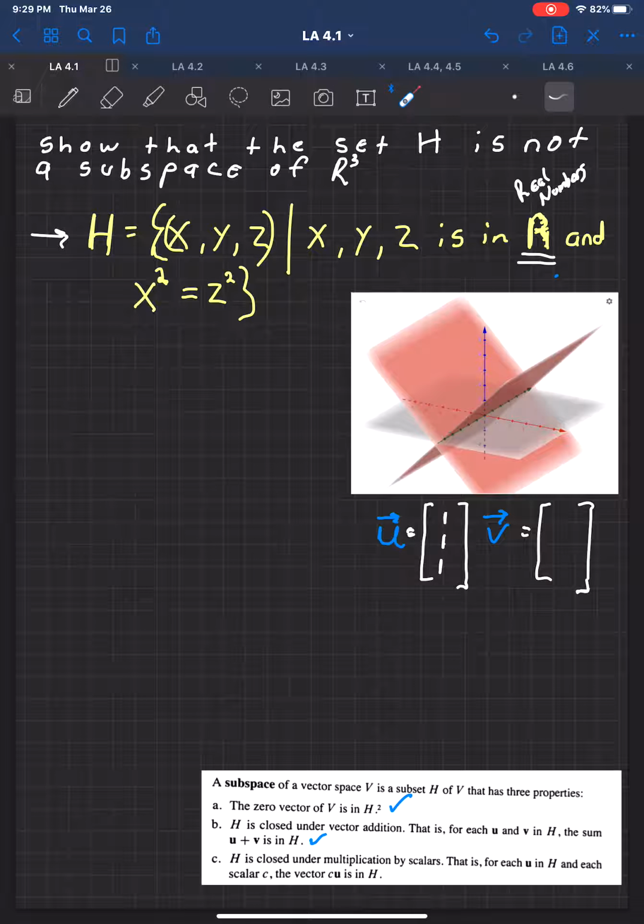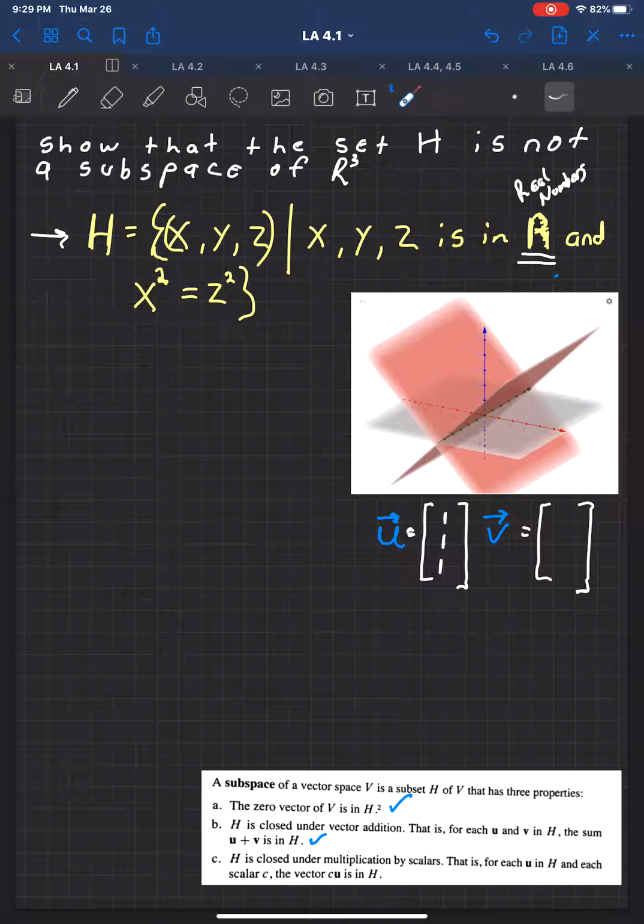The 1 for x, 1 for y, 1 for z, these are real numbers in R1, and if you set 1 squared equal to 1 squared, that is still a true statement. So vector U is definitely in H.